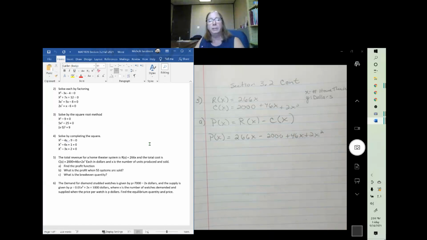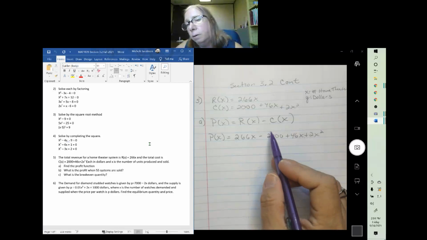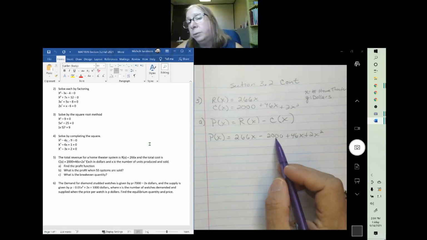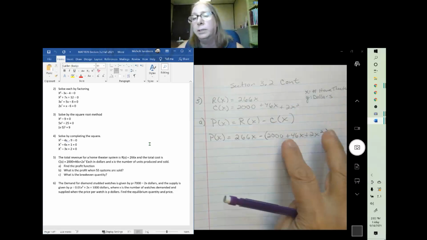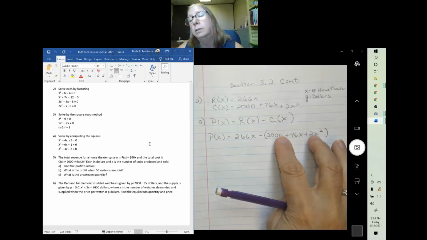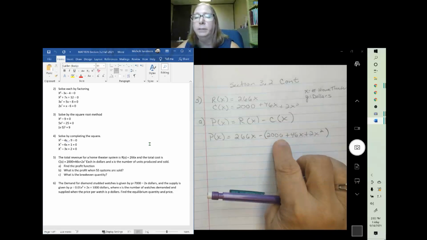The most common mistake on this is to write it the way I just wrote it, because you want to subtract all of the cost, not just the 2,000. So that negative needs to be distributed to the entire cost function. So be careful of that.